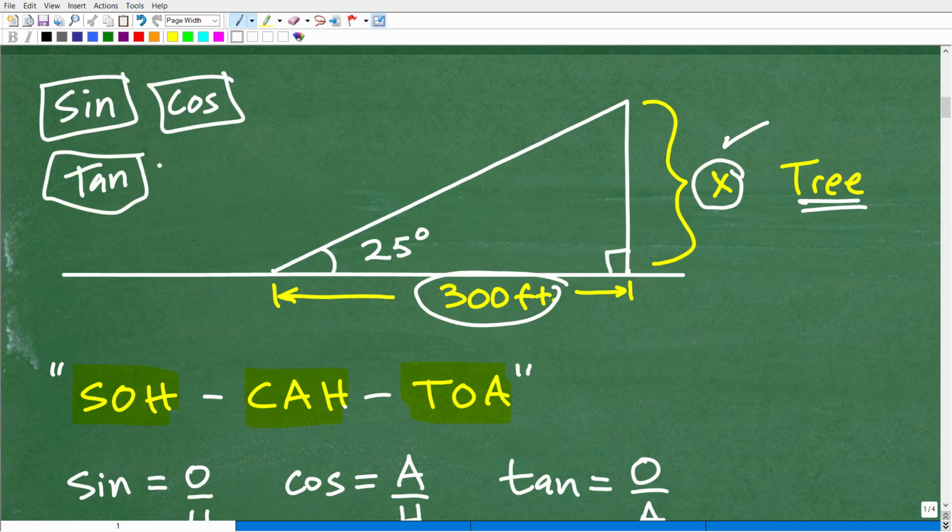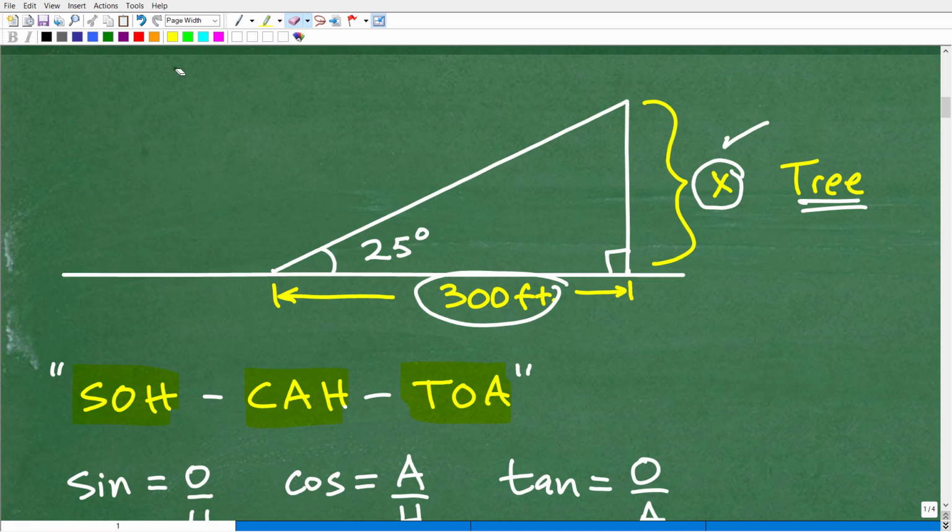Now, in this particular problem, we're going to be using the tangent button, but they basically all work in a very similar way. So this is basic trigonometry. If you ever wondered what those buttons were on your calculator, we're going to see exactly why they're important right now.